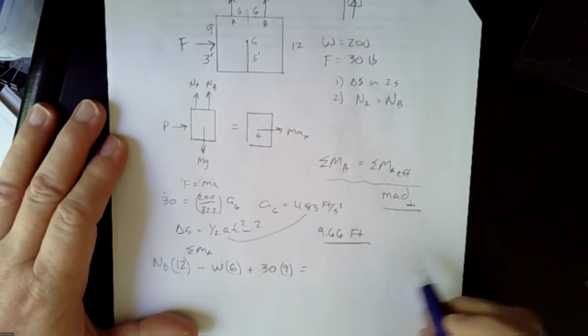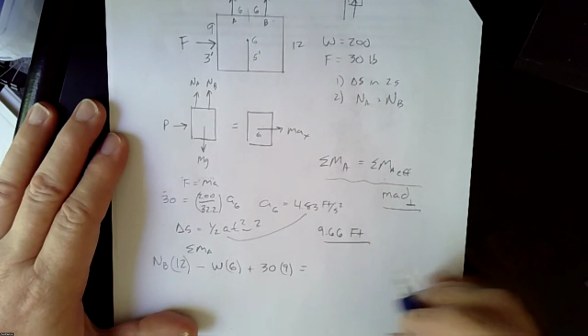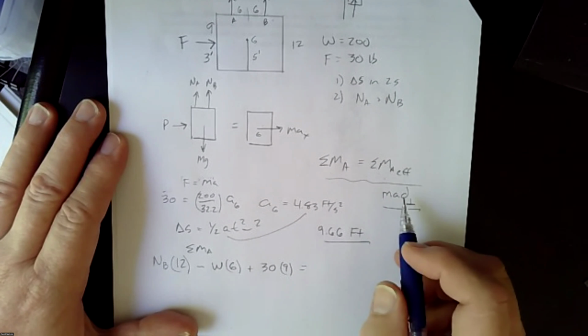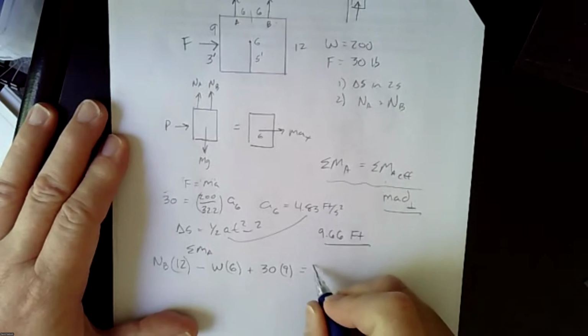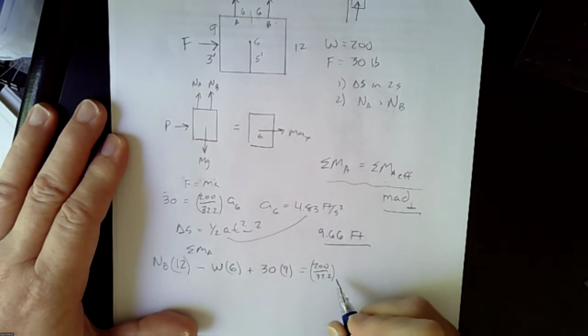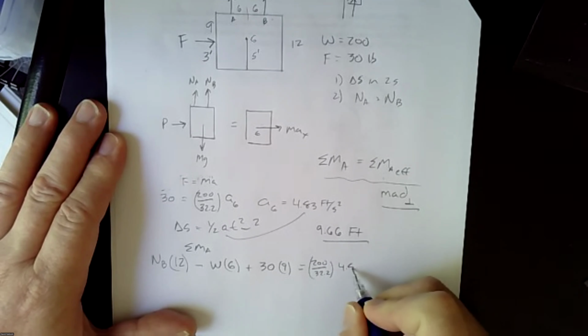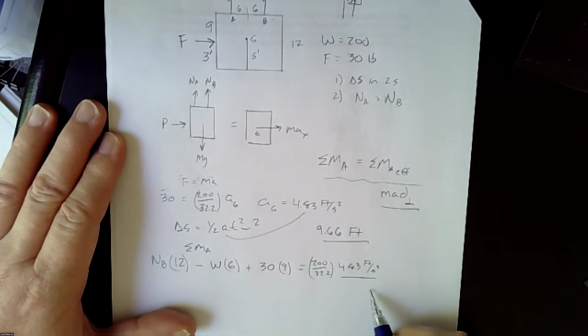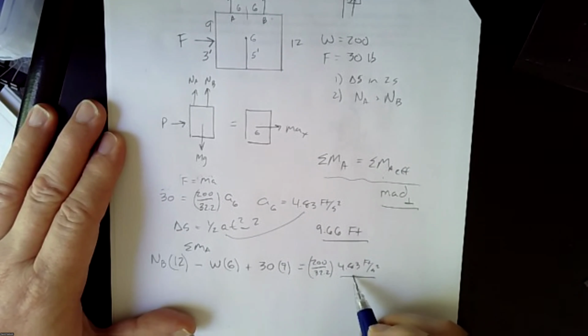So, and I'll roll this back in a second. So we have the mass again, 200 over 32.2 times 4.83 feet per second squared, right? Because that was the acceleration that we found. And then this distance is the perpendicular distance.